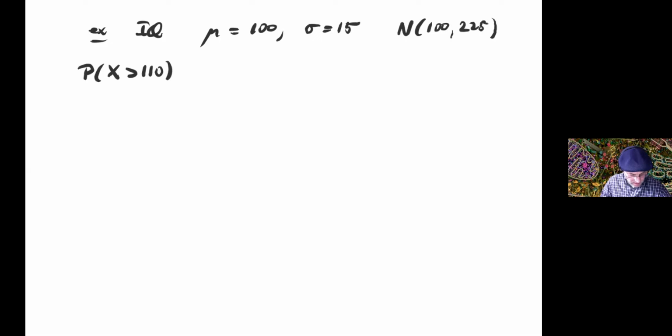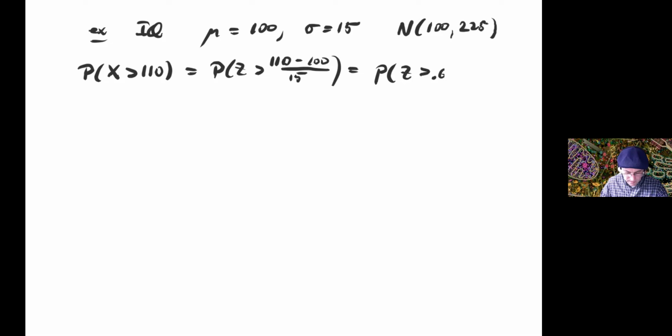Well, that's the same thing as the probability of Z being bigger than (110 minus 100) over 15, which is the same thing as the probability of Z being bigger than 0.6667, 2/3. And that's the same thing as 1 minus the probability that Z is less than or equal to 0.6667.